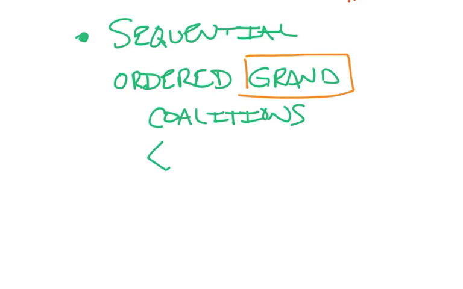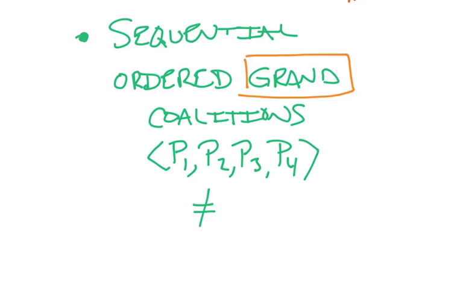If for instance we had 4 players, then one of these grand coalitions would look like all the players in order. And remember, these are ordered now, so this is a distinctly different coalition than even just changing 2 of the players' orders.